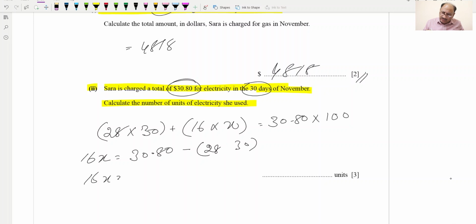So this one we will be writing as 3080 after multiplication with 100.